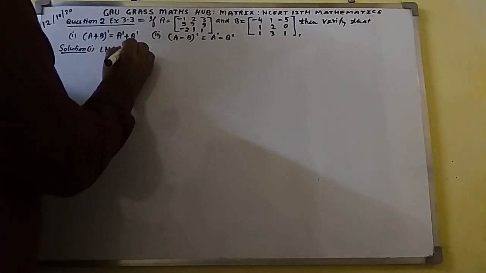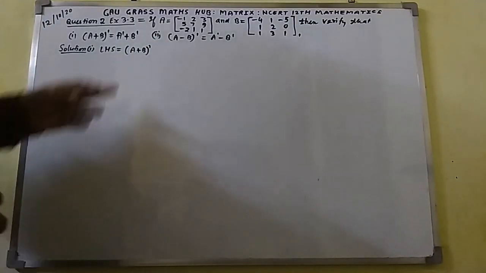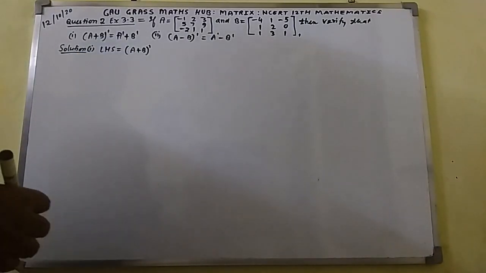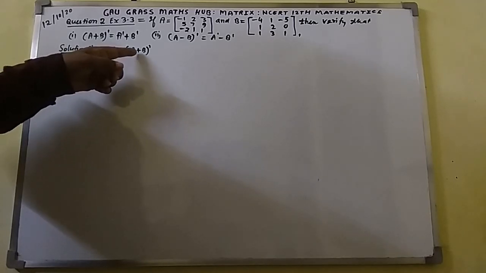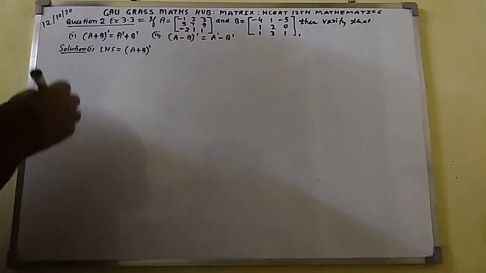LHS equals (A plus B) dash. First of all I shall take LHS. Here you can see in the bracket it is given A plus B. So first of all I shall find the value of A plus B.